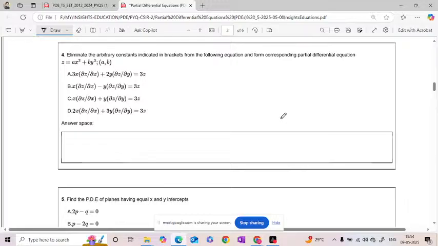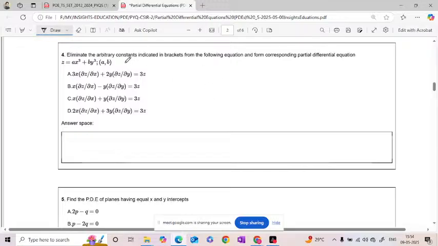Answer? Option C. Okay, good. Now same as the previous problem.